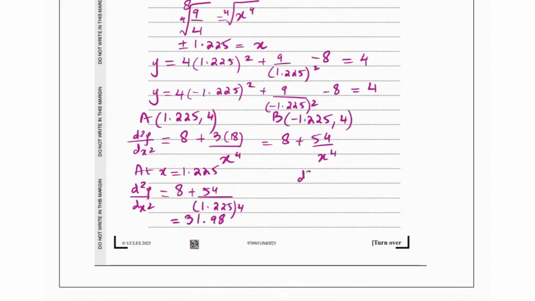And for the other one, it's also going to be the same. So it's greater than 0. So both are minimum points. Remember, to determine the nature: if the second derivative is greater than 0, it's a minimum, and if it's less than 0, it's a maximum.